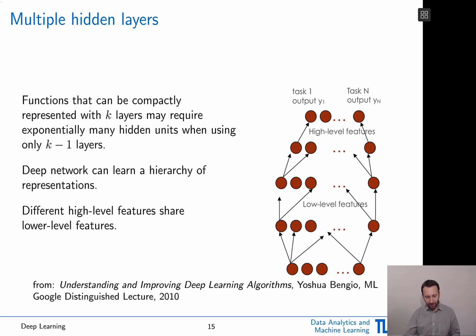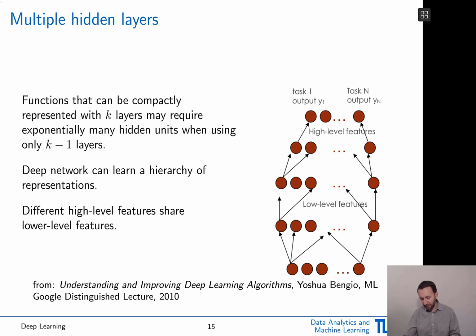So here it's again written what I more or less just said. So there are specific families of functions where reducing the network by one layer, so removing one layer, leads to an explosion of the parameters, so to say, right? That we need exponentially many units when going to a network with k-1 layers, for example. Indeed, you can construct such scenarios.